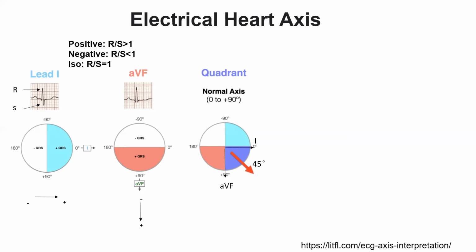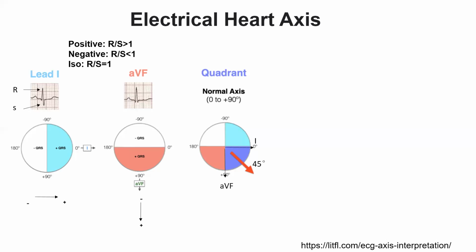So we think the vector of lead one points from right to left, and it is positive. In aVF, of course, R is also bigger than S, so the R to S ratio is bigger than 1, it's also positive. So the vector of aVF is from up to down, and it's positive.